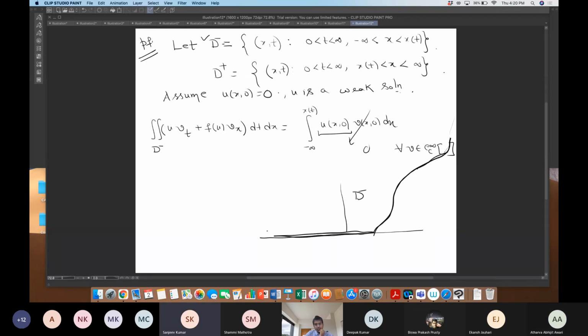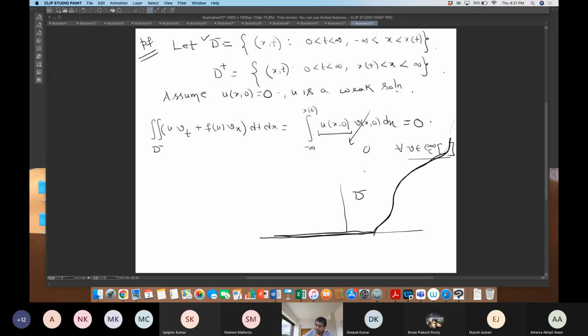Yes, sir. Okay. So this is 0. Now you have taken some compact set somewhere, some compact set like this. V has compact support in C_c infinity of R cross this. Okay. Now you tell me, for all V in C_c infinity of this.